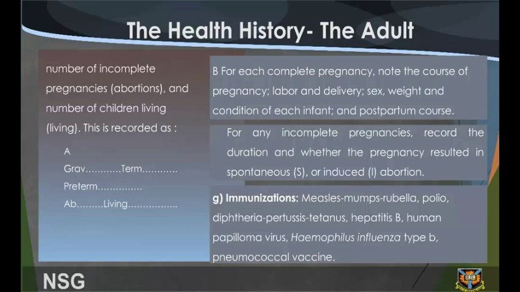G. Immunizations: measles, mumps, rubella, polio, diphtheria, pertussis, tetanus, hepatitis B, human papillomavirus, Haemophilus influenzae type B, pneumococcal vaccine.